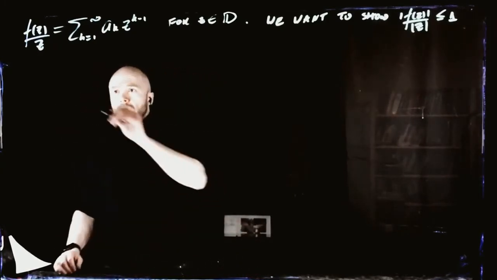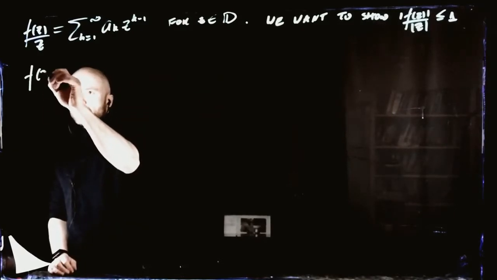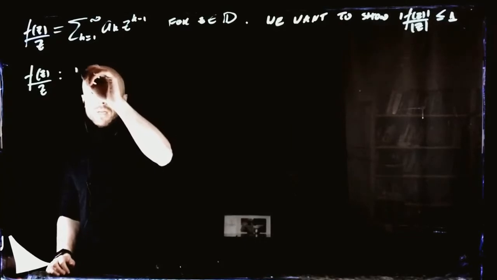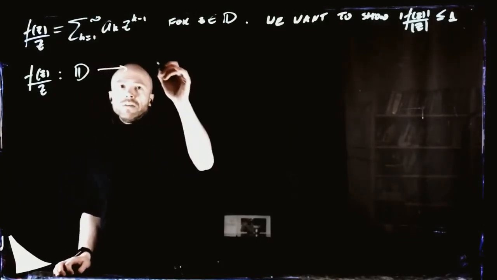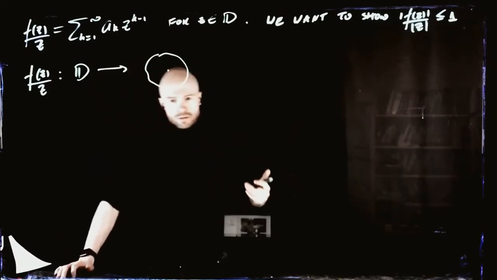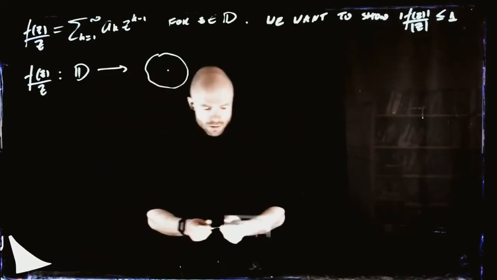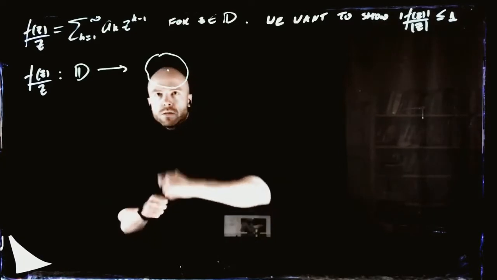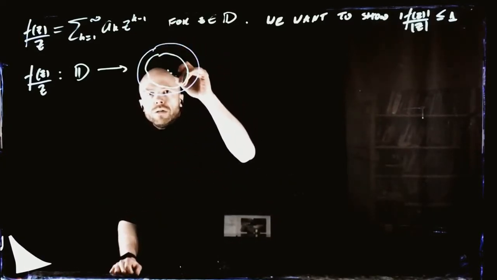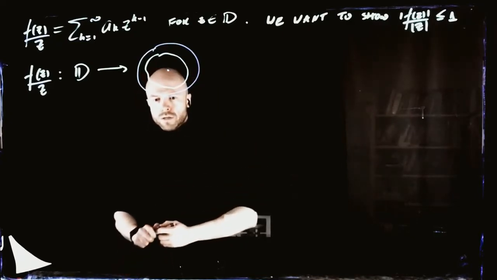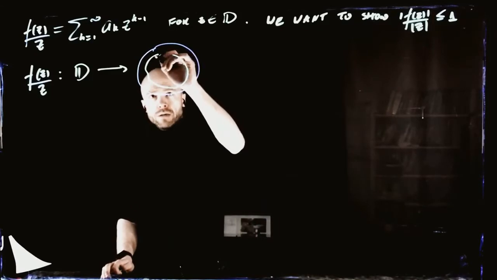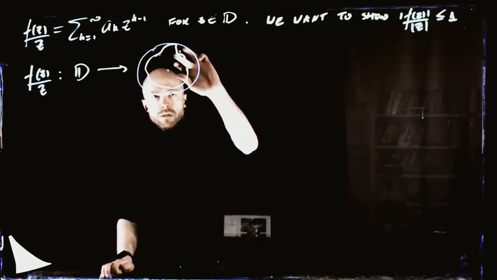So this mapping is defined on the disk, and we want to show that its image is contained within the disk as well. I draw it like it's strictly contained. It doesn't, of course, have to be strictly contained, but we do need it to be contained.